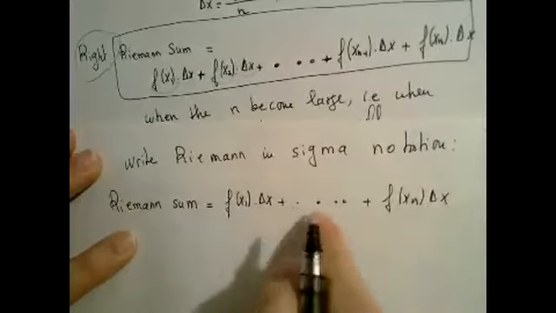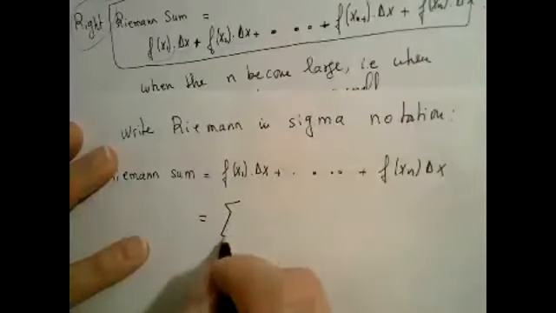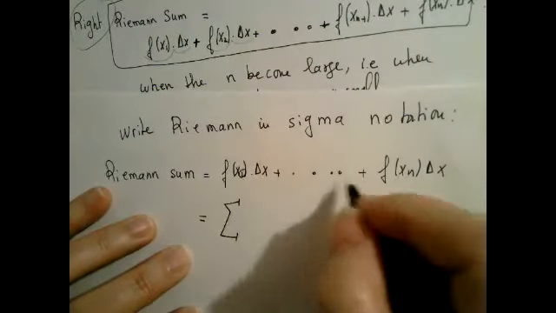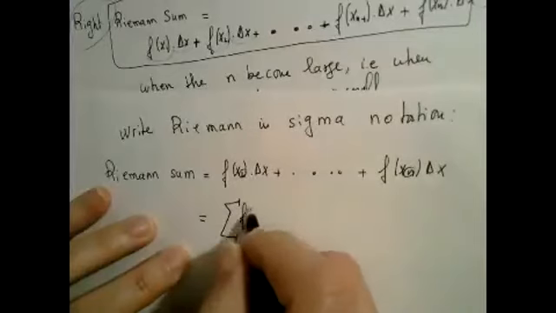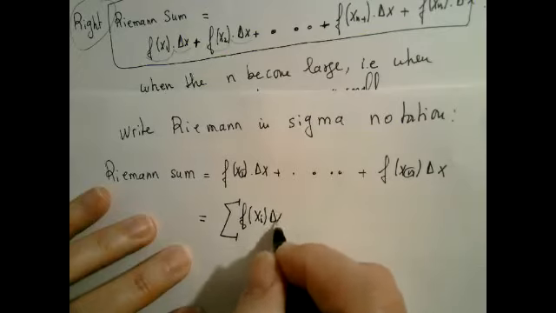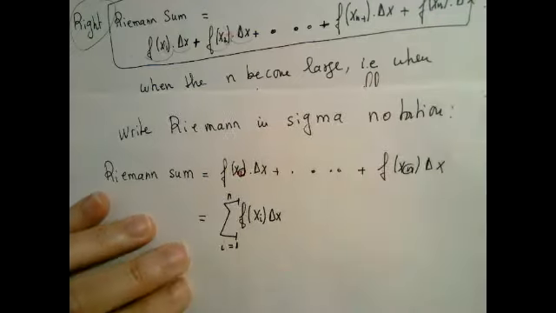Instead of writing plus dot dot dot, we know that there is a sigma notation. This will be written as sigma. What's changing here is this index. So we're going to write sigma f of xi delta x. Be very careful. That's the notation. My i represents x1, it represents x2, and so on. So my i goes from 1 all the way to n.